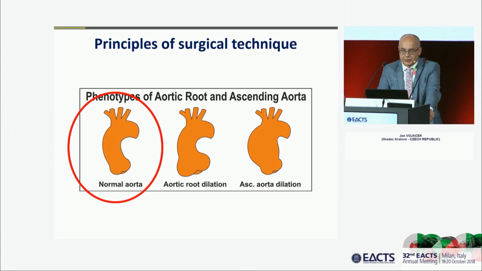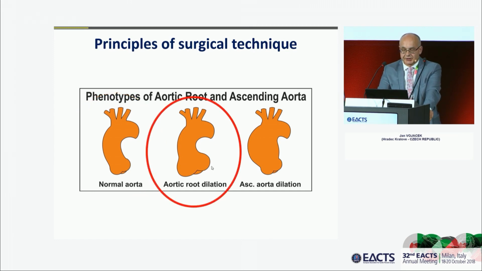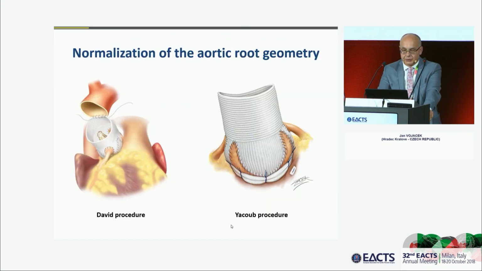As you know, there are three phenotypes of aortic root and ascending aorta. In this case, where the aorta is normal, with no dilatation, we simply proceed with isolated aortic valve repair. If the root is involved, you actually have to proceed with either the David procedure or the Yacoub procedure.